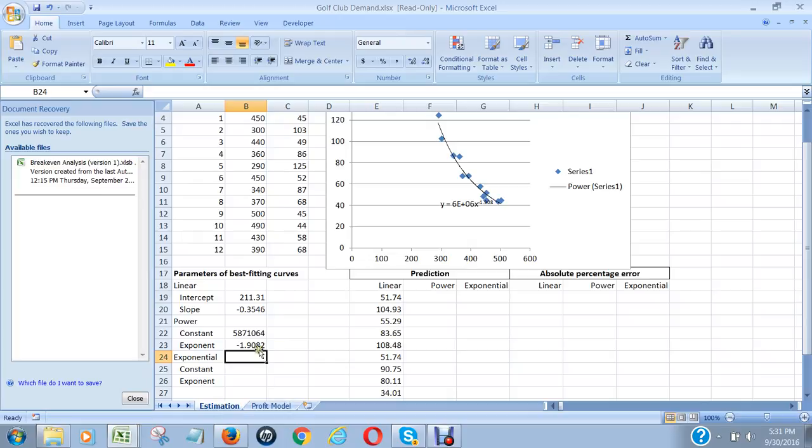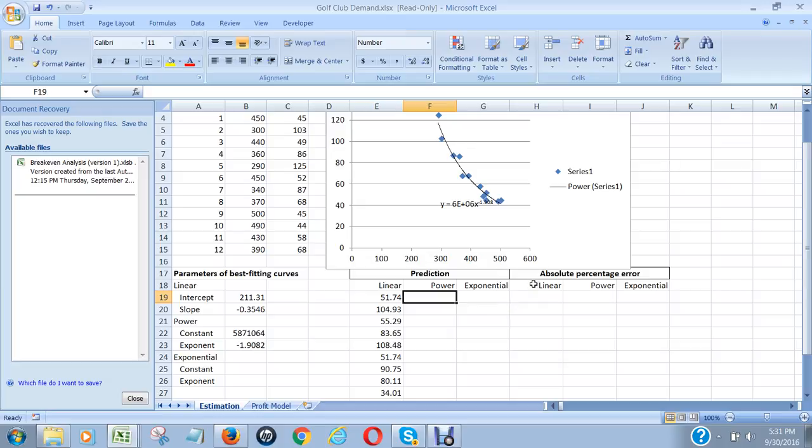Okay, so now we have that, and what we can see is this equation is this big number multiplied by the price raised to the exponent of negative 1.9082.